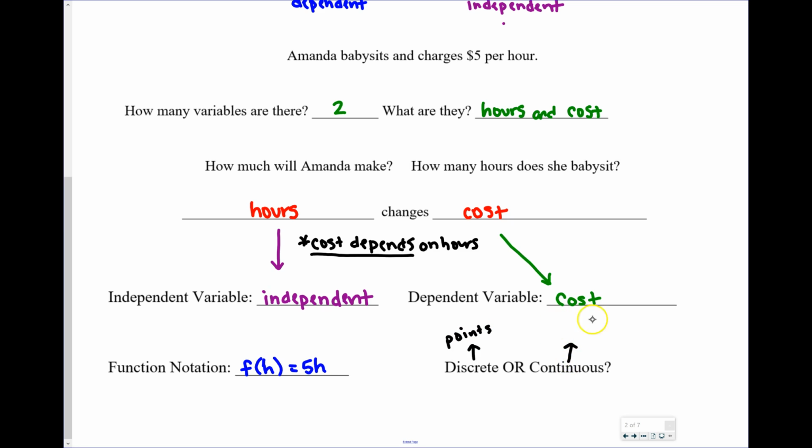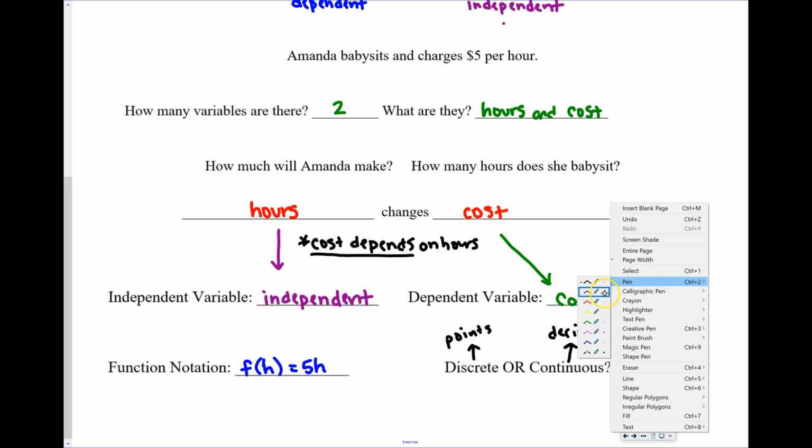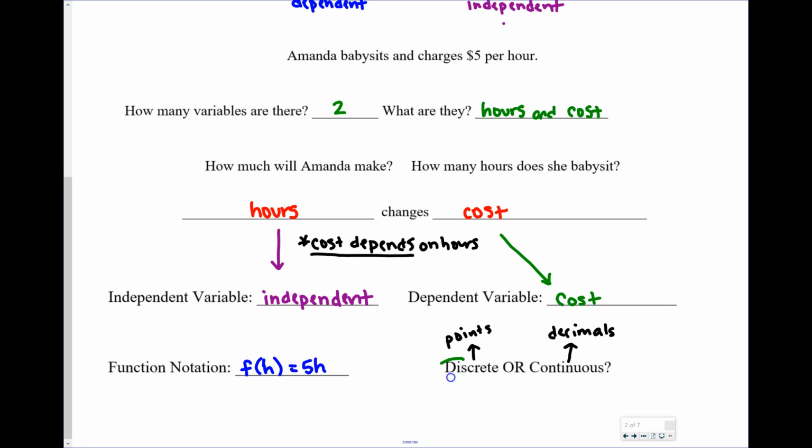Continuous means that it goes on, it's all connected, so a continuous graph could potentially have decimals. So when I think if something is points or decimals, I'm going to say that this particular problem is going to be discrete. It's discrete because I can only be gone 1, 2, 3, 4, etc. hours.